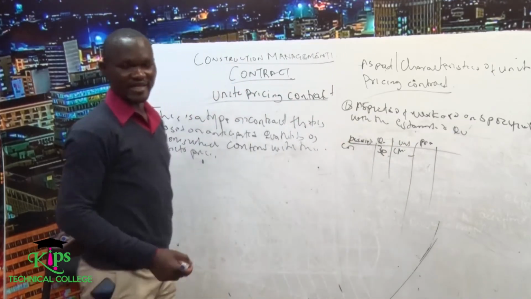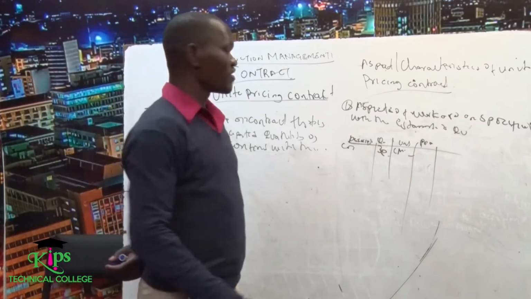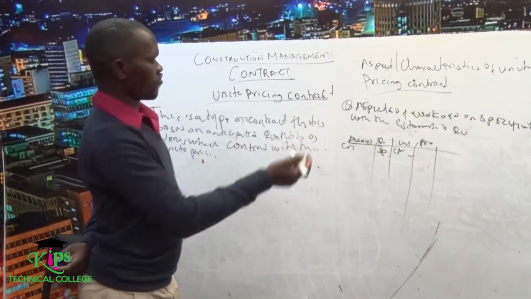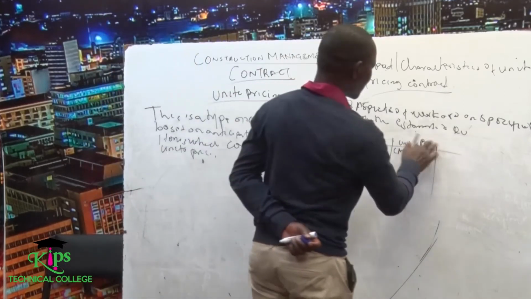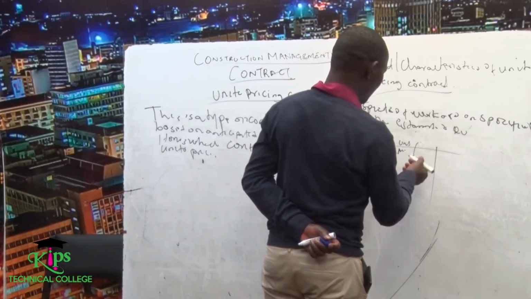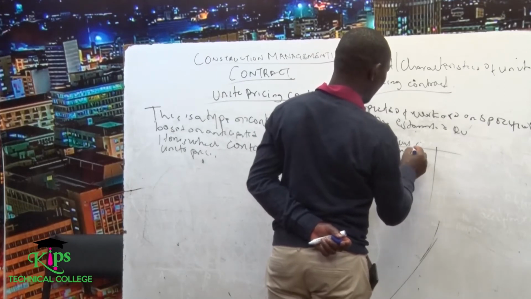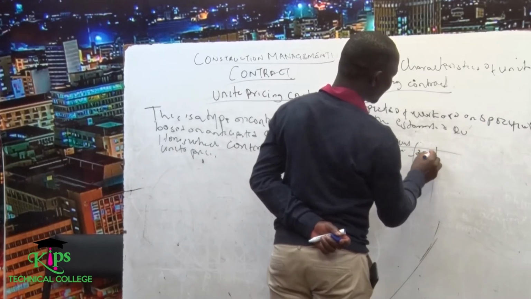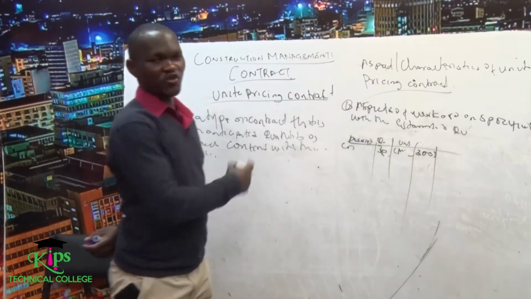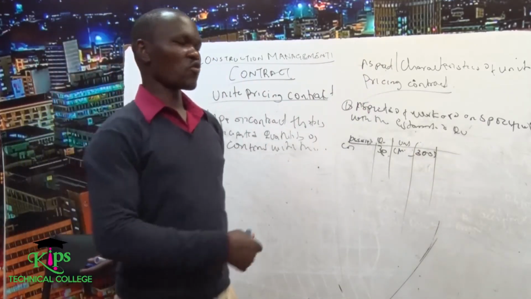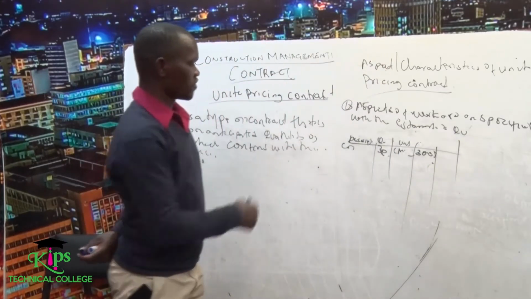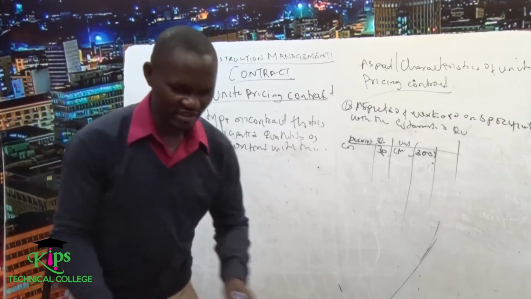Then you as the contractor, your main role is to give a unit price of 1 cubic meter, and then automatically you will have the total. Maybe your price is 3,000 Kenya shillings per cubic meter of concrete. So the client will automatically know that he has to pay you 90,000 shillings.